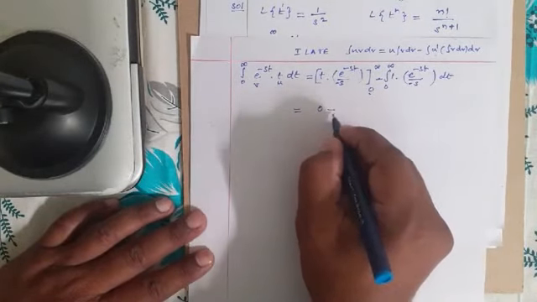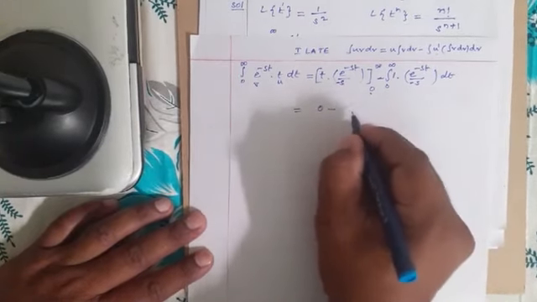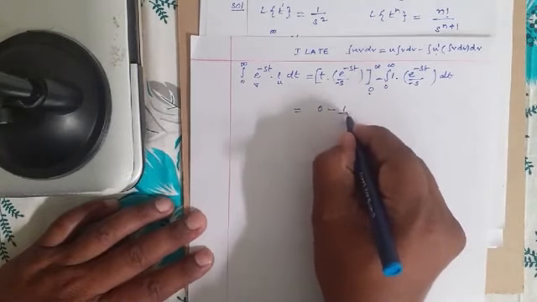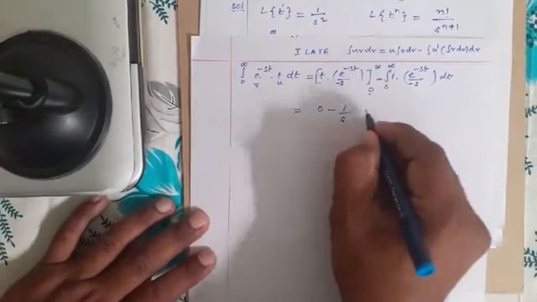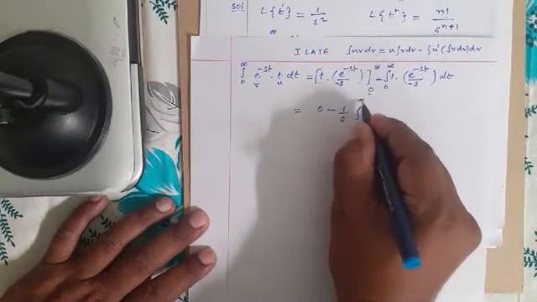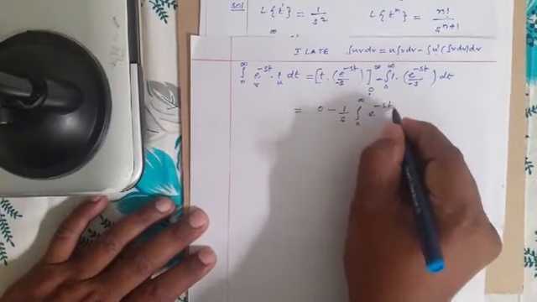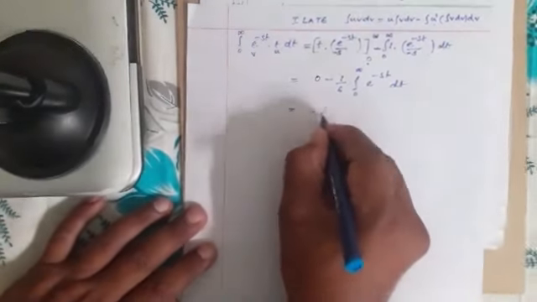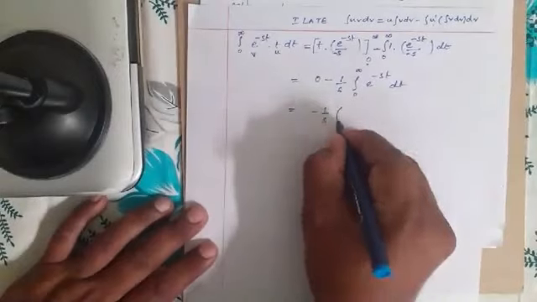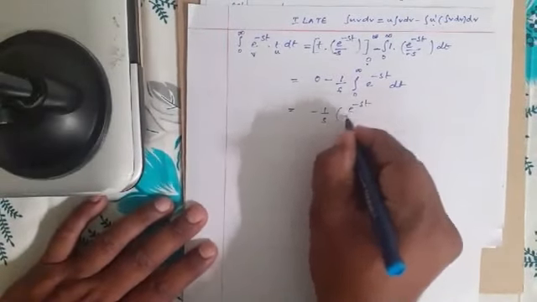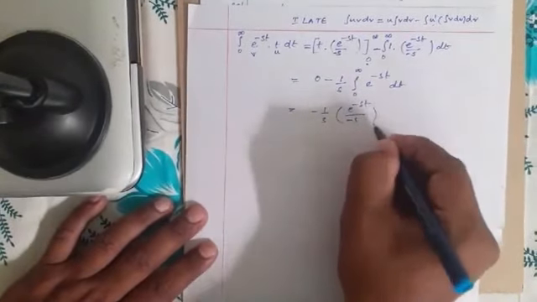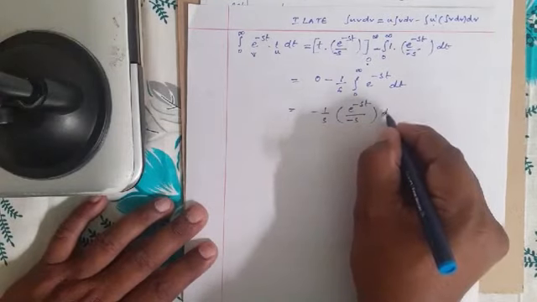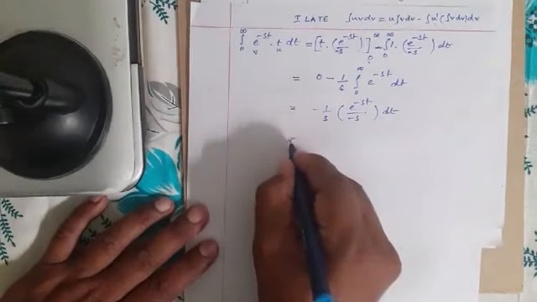Then let us see. Now when you take this 1 by s outside, this becomes the integral from 0 to infinity of e power minus st dt. Now when you integrate this, it becomes minus 1 by s, e power minus st upon minus s, dt.